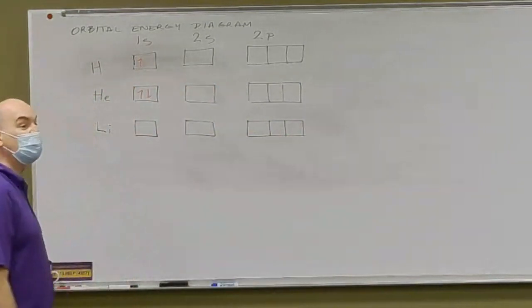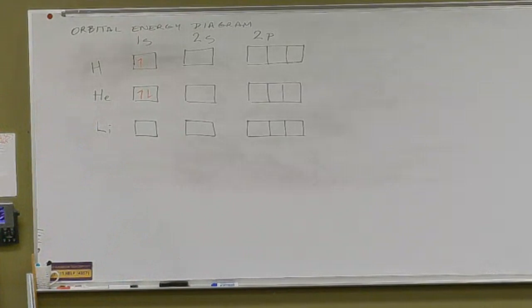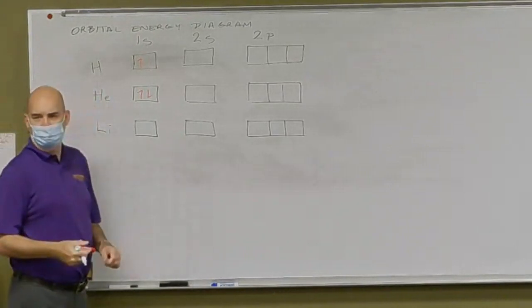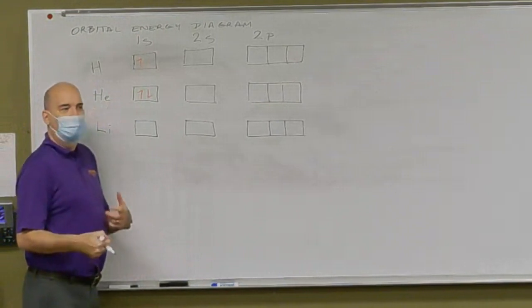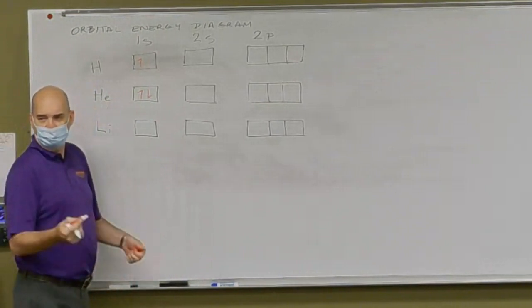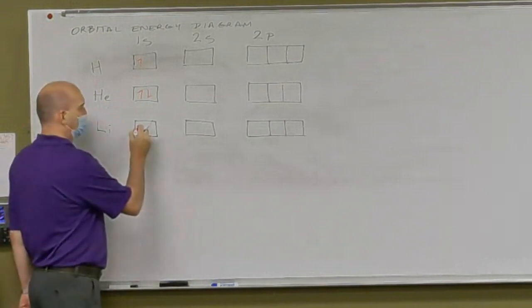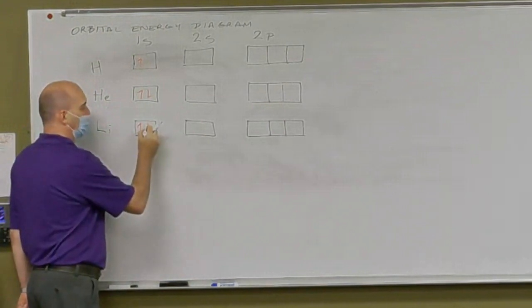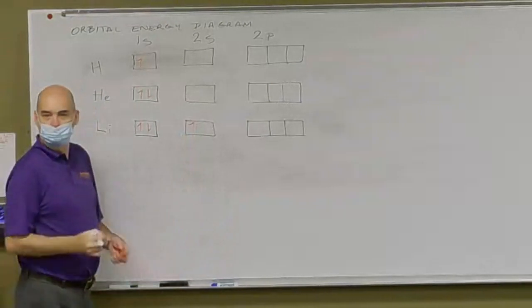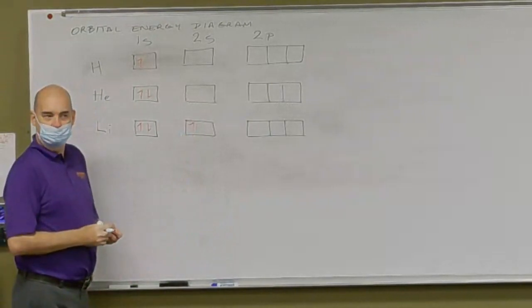Lithium is in position 3 on the periodic table. Its atomic number is 3, which is the number of protons. Protons are positive, which means it needs 3 negative things to counterbalance those positive charges, which means it has 3 electrons, and they go 1, 2, 3. Okay?